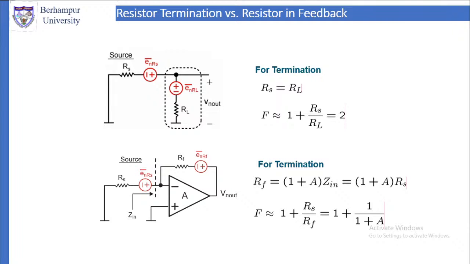F is equal to 1 plus RS by RF, which is equal to 1 plus 1 by (1 plus A). So if A is large, then F is small. If you look at this, the larger the A, the smaller the F. When A is equal to 0, A is not working there, then F is equal to 2. Otherwise, F will be less than 2. F will always be less than 2 in the second case.